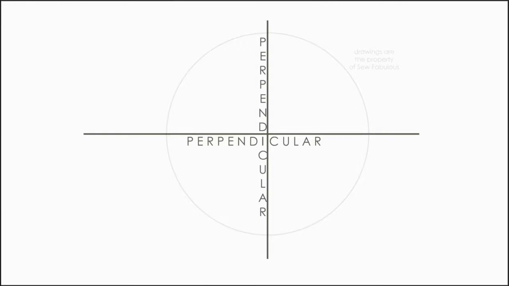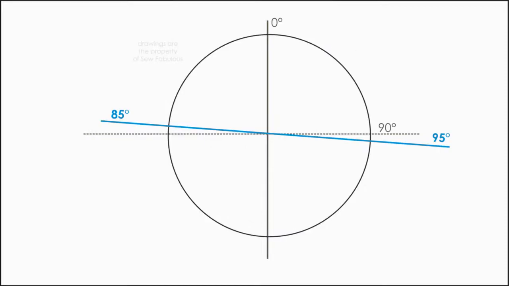When the quadrants are exactly equal, it gives us 2 lines which are perpendicular to one another. This is also referred to as right angles. If any one of these 2 lines are not at a right angle, the lines will no longer be perpendicular.